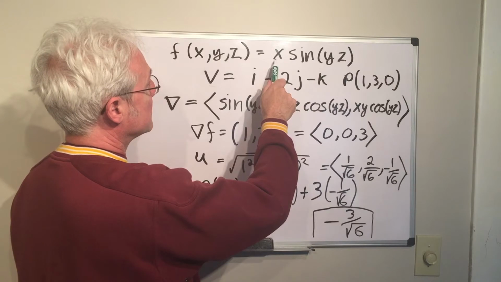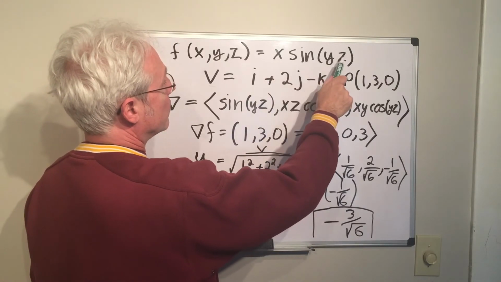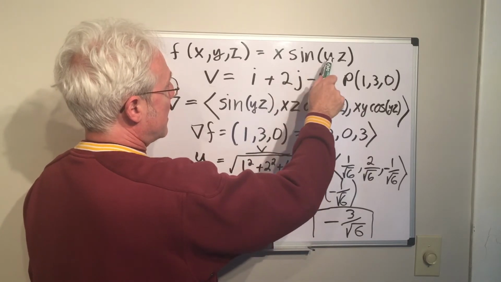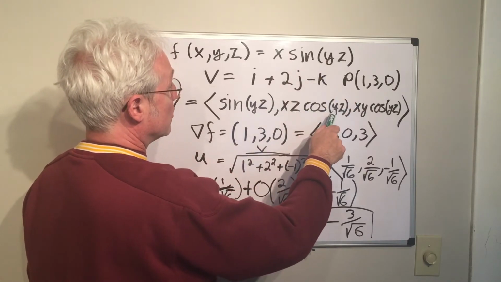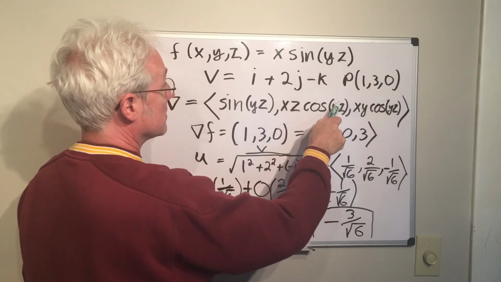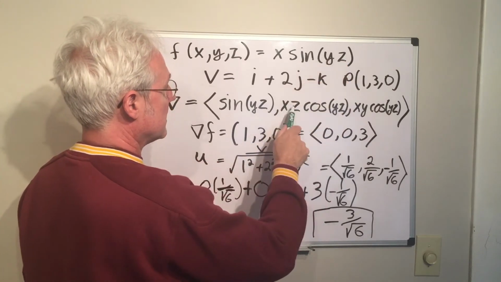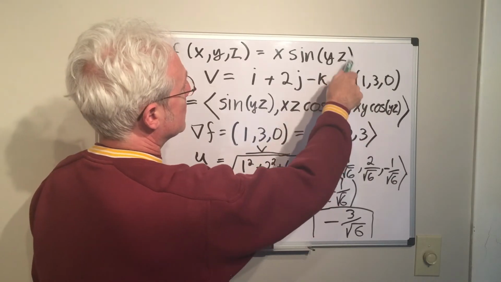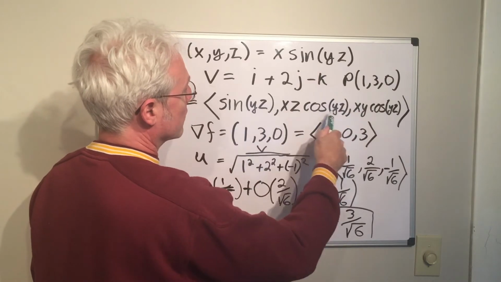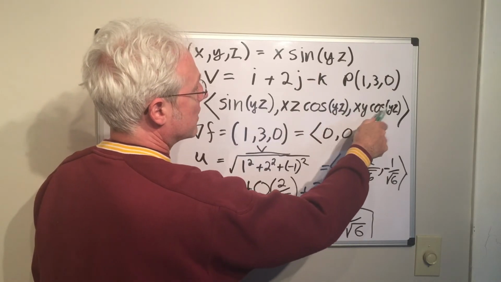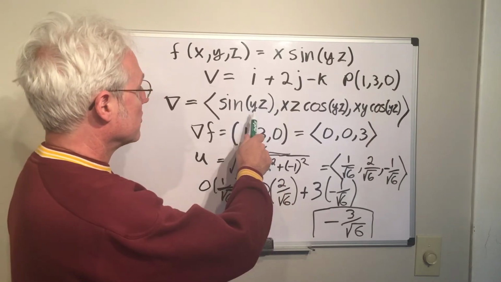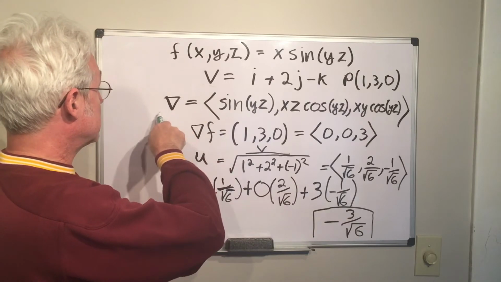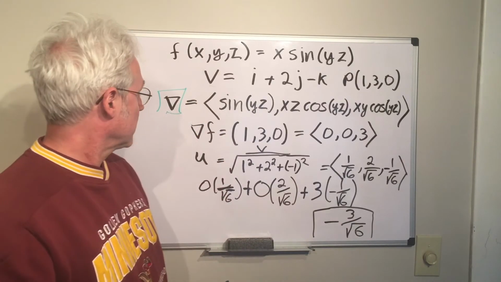Next we have this constant and the derivative of sine of yz with respect to y, which is the cosine of yz, and by the chain rule we take out this constant, or the derivative of yz, which is z with respect to y. So we have xz cosine of yz. We do the same thing with respect to z, and you know how that works. Basically you end up with xy cosine of yz. Our partial derivatives of the function in vector form is the gradient of the vector.